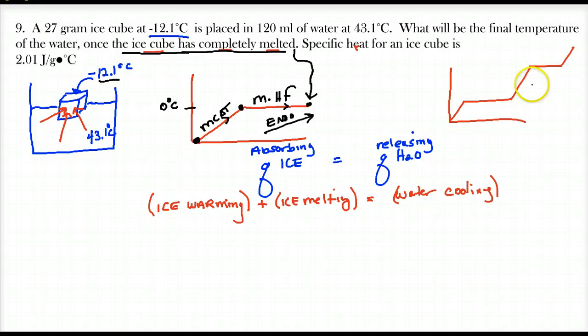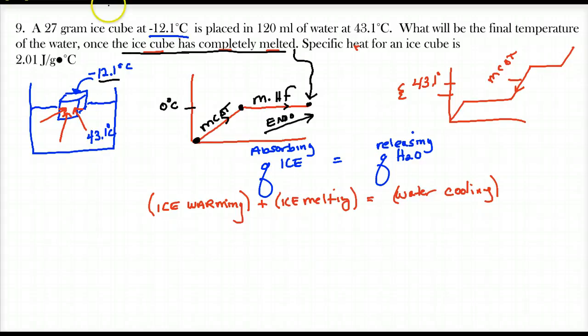In any case, water is cooling, so I'm starting at 43.1. It's pretty warm water, by the way, over 100 degrees Fahrenheit. I'm going down some temperature change, and notice I'm on this line, so for water it's going to be MC change in T.